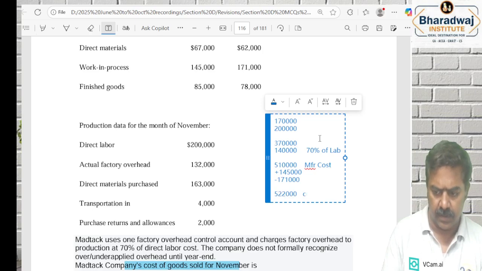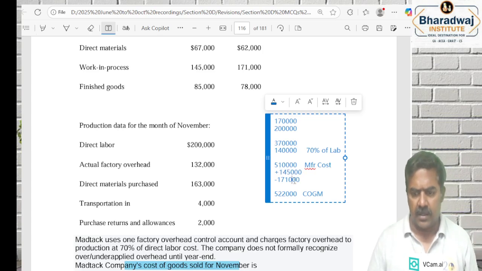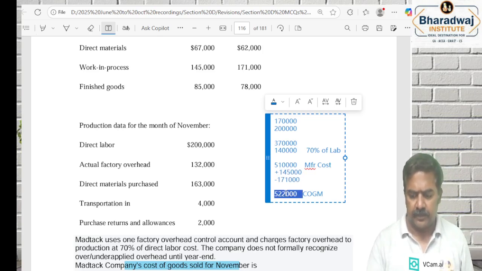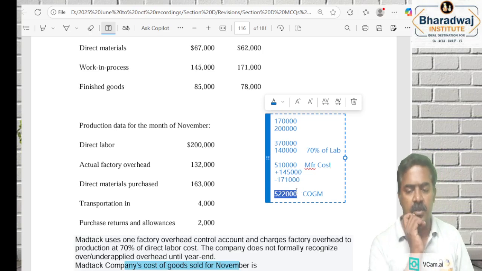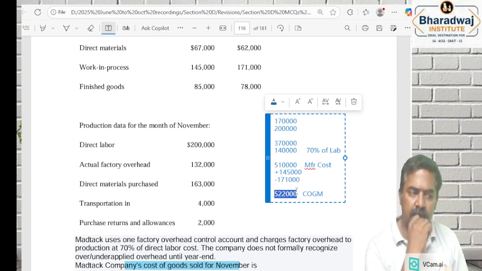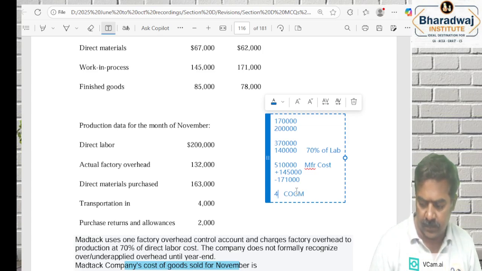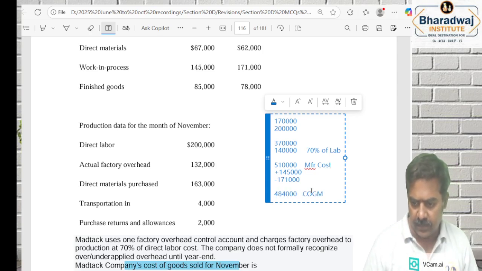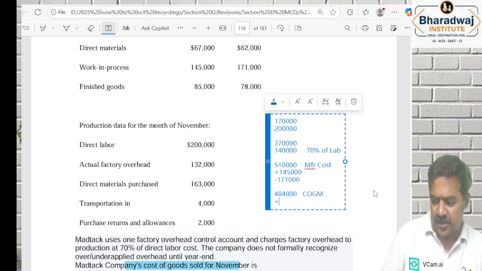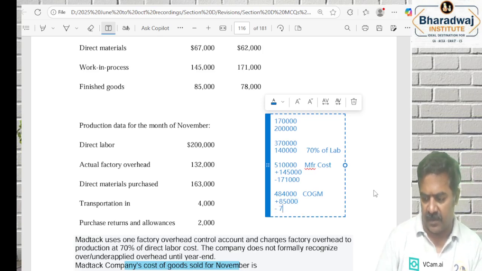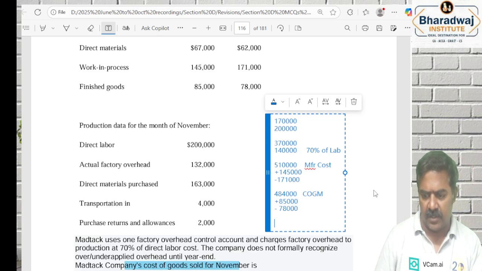One minute, sir, let me calculate. 5 lakh. Let's check. 125 minus 171, minus 26, sir. 4,85,000. Plus opening finished goods 85,000 minus closing finished goods 78,000 will give us cost of goods sold.